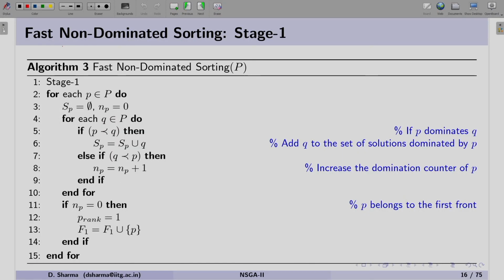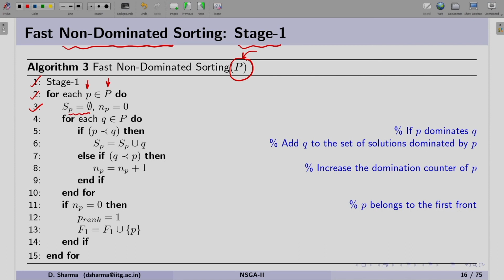This fast non-dominated sorting we will present in 2 stages. The first stage, as we can understand from the algorithmic representation, is stage 1. In step 2, we have a member p which belongs to our population P. The input to this non-dominated sorting is P, as we can see on the top. For every member in the population, we find a set called Sp.